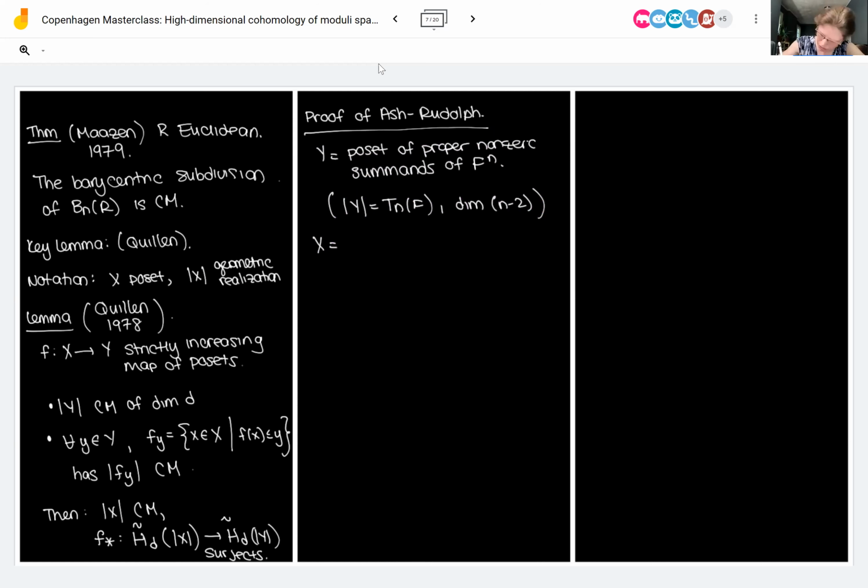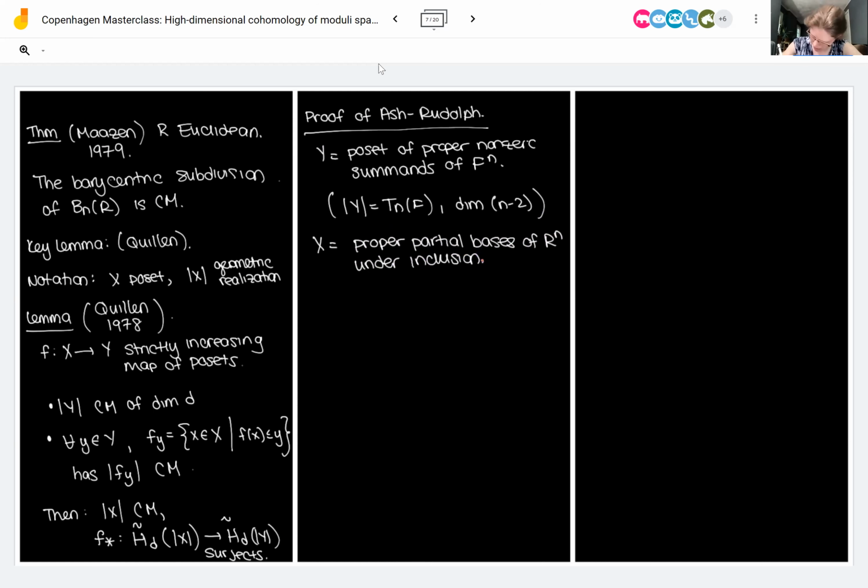And X is going to be the poset of proper partial bases, so partial bases that are strictly smaller in cardinality than a basis. Proper partial bases, non-empty, of R^n under inclusion.